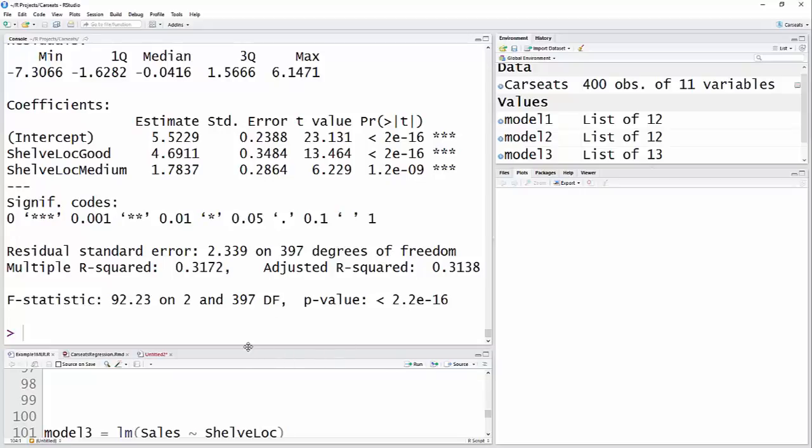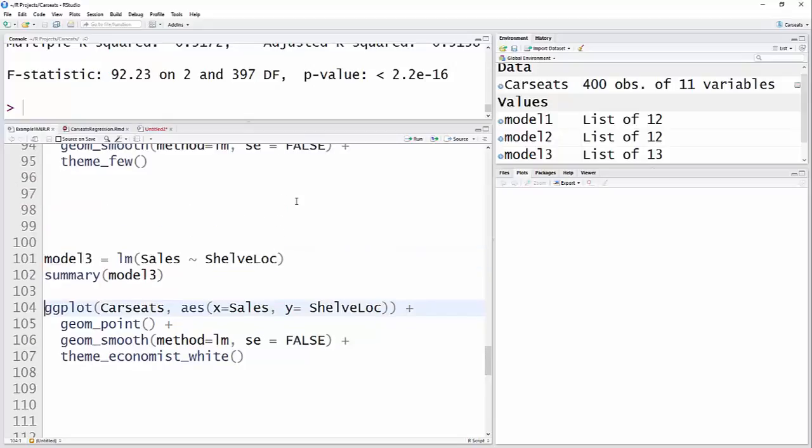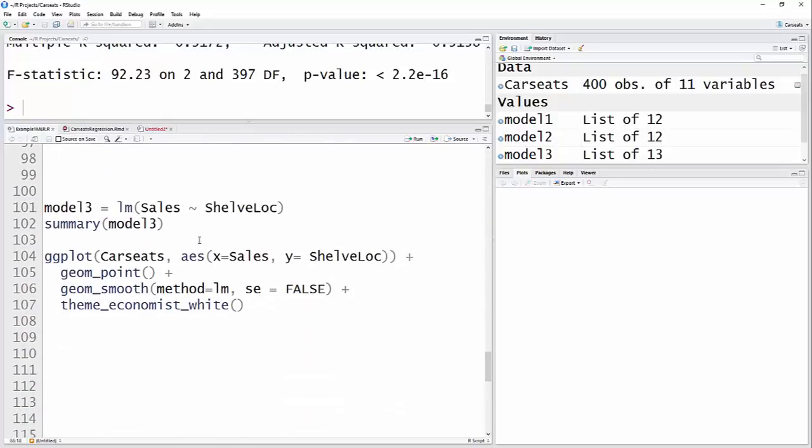Okay, now I'm going to go back and draw a graph. I'm using ggplot for this, and I'm using ggthemes as well. That means you need to make sure that you've already used library or require, either one works, and that you have ggplot2 and ggthemes both installed as packages.